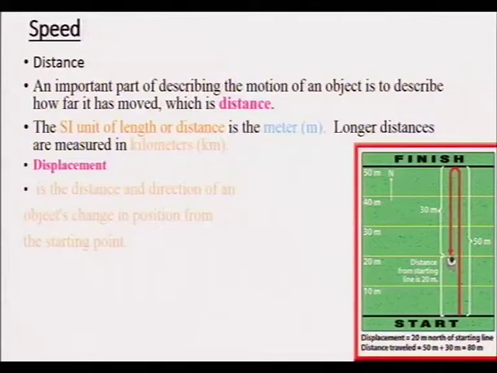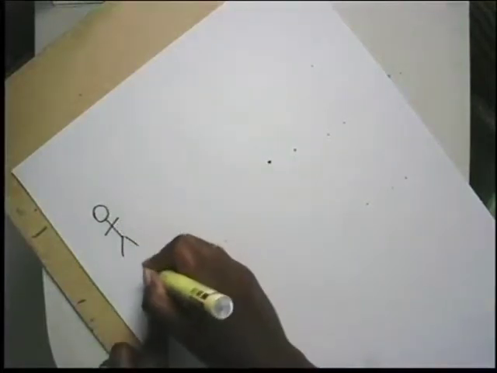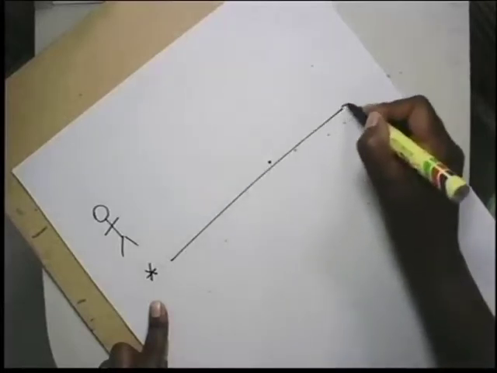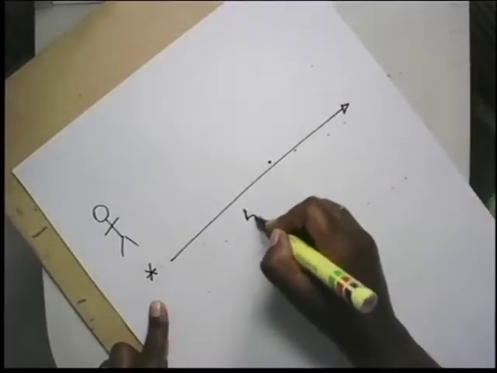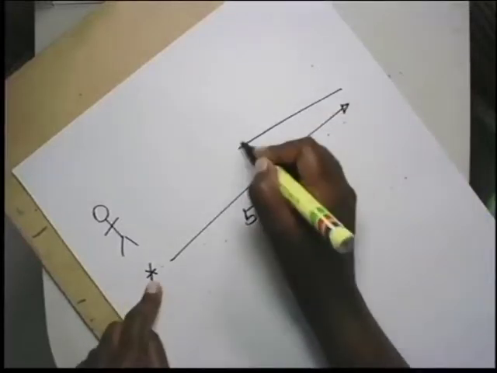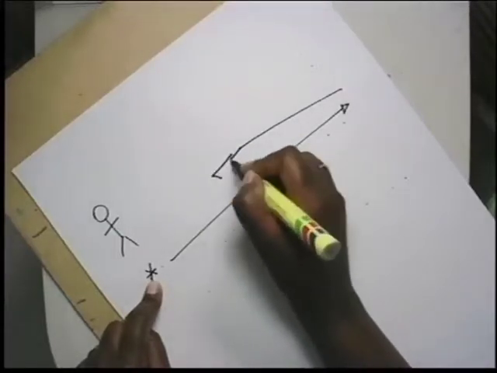Let's say he started here. Okay, the papers are getting finished. Okay, let's say he starts from this point. This is the runner. He ran for 50 meters and ran back again, but he didn't come to the same starting position. He ended up here.